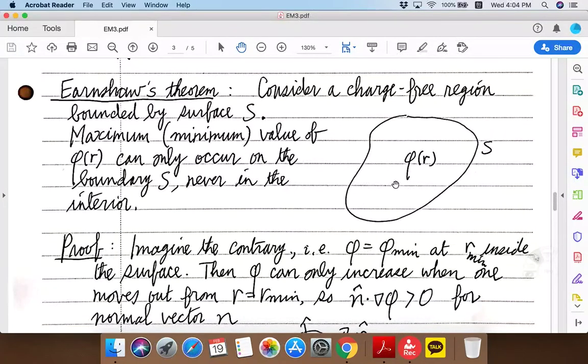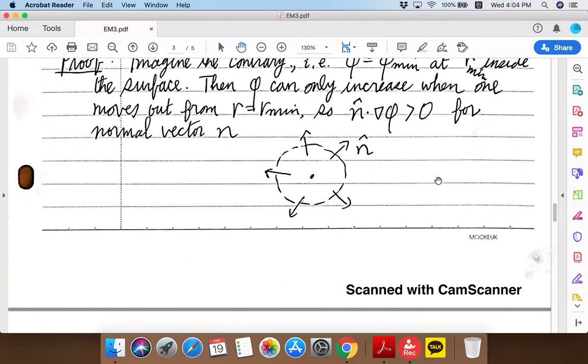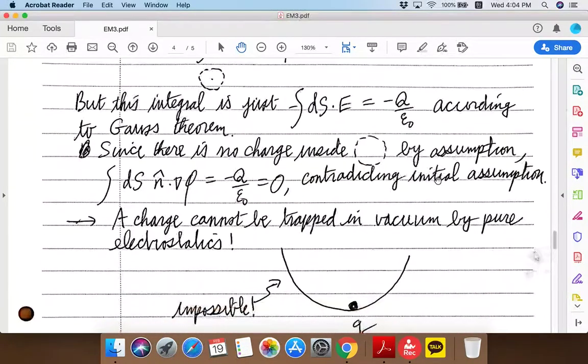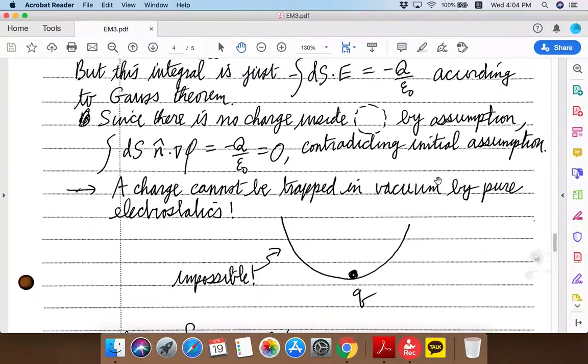That was the very assumption that we began with when we started to think about this statement. Therefore, we have arrived at a contradiction, which means there's no way you can create an absolute potential minimum, or a potential maximum for that matter, in the region where there's no charge.